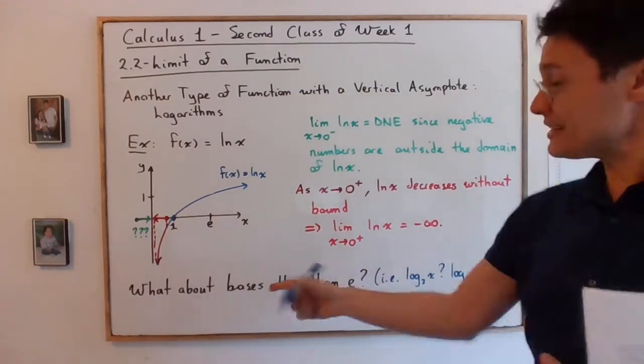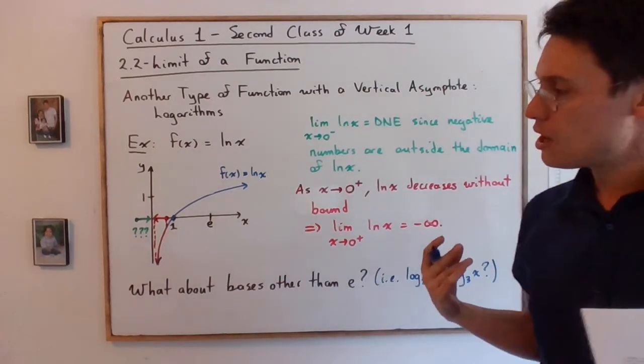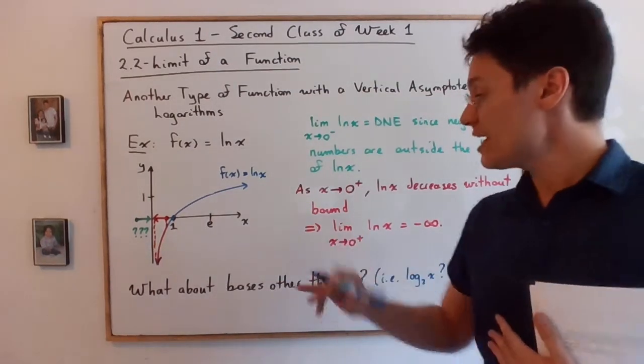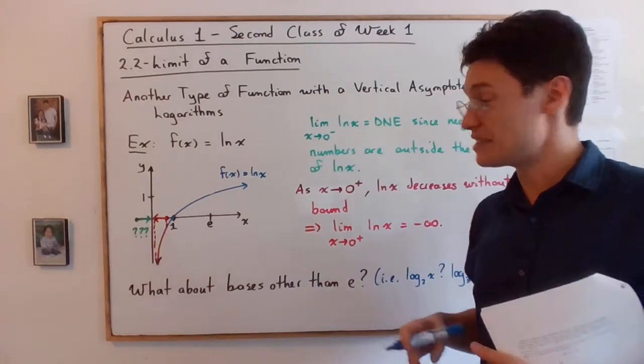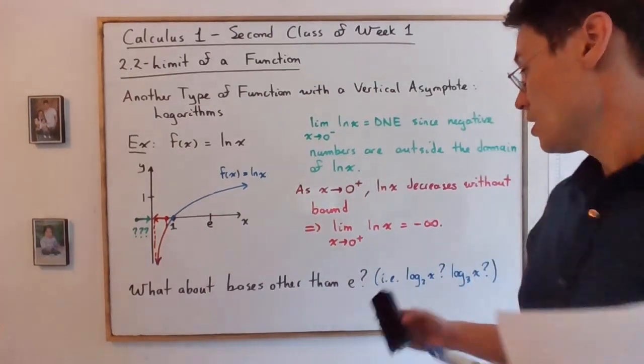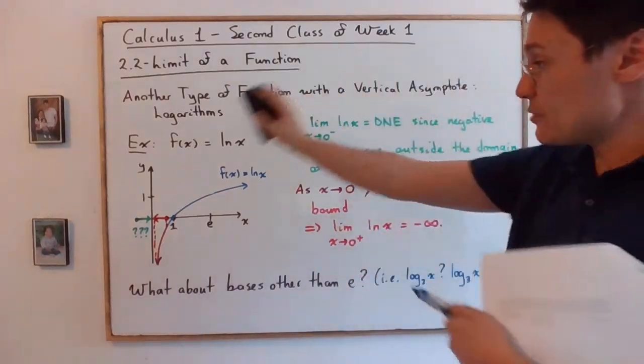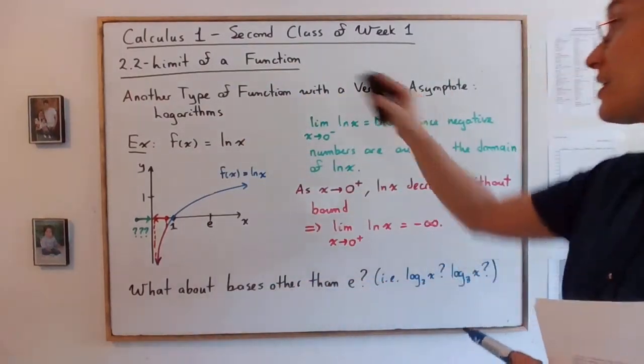So what about these bases? How do we know if the limit will be negative or positive infinity? I'm going to erase everything except the question, and I'm going to answer it at the top.